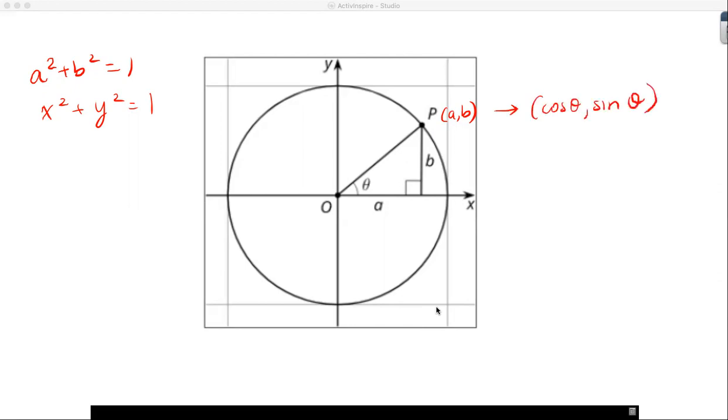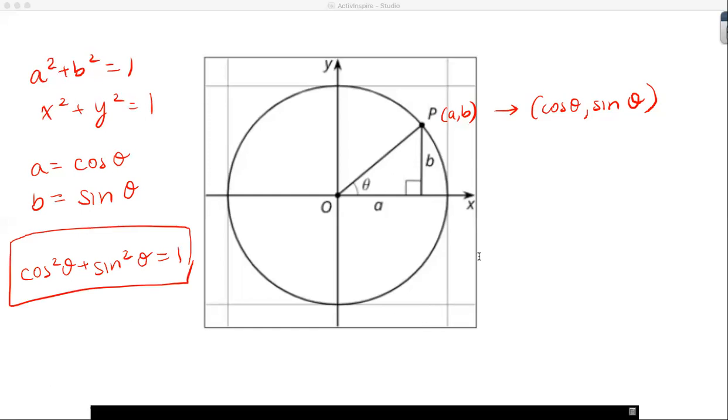Since A is equal to cosine theta and B is equal to sine theta, we can return to the Pythagorean theorem and say that cosine squared theta plus sine squared theta is in fact equal to 1. That is true for all values of theta defined on the unit circle, and it is known as the Pythagorean identity.